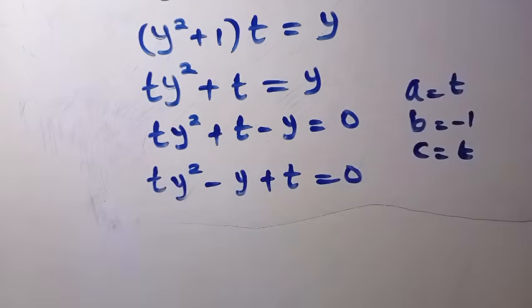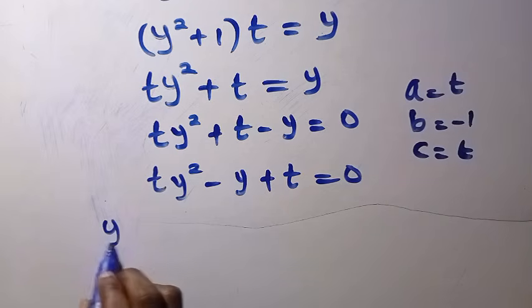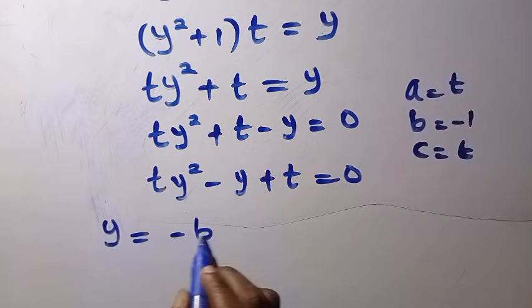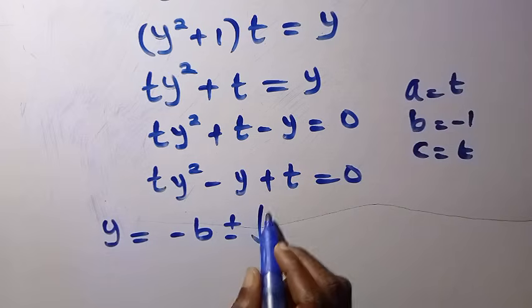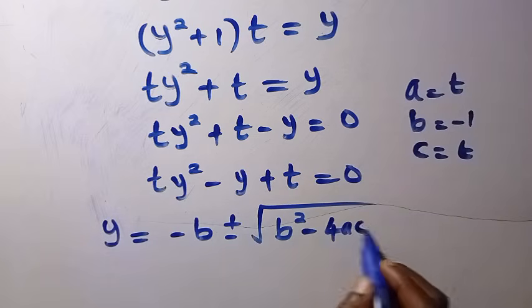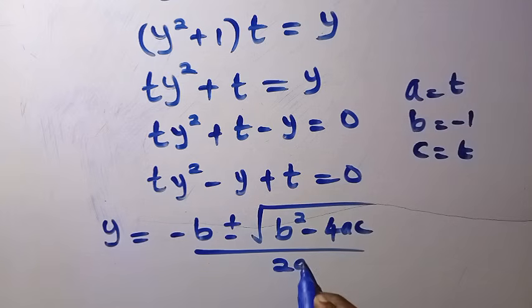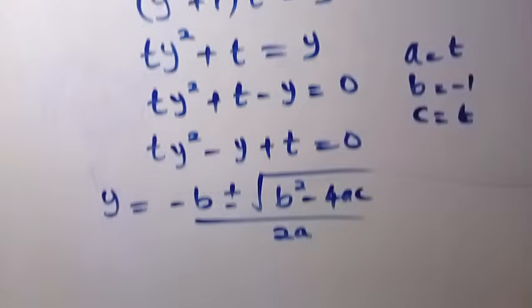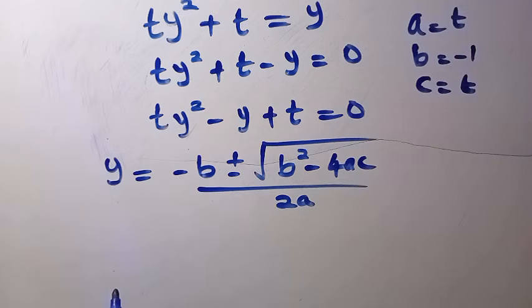So applying the formula, we have y equals minus b plus or minus the square root of b squared minus 4ac, over 2a. Let's substitute step by step.